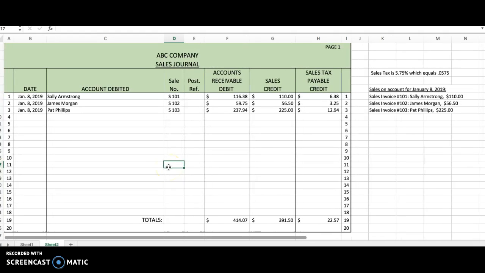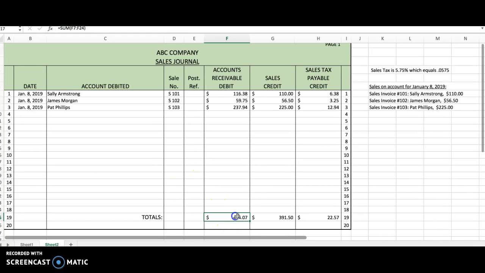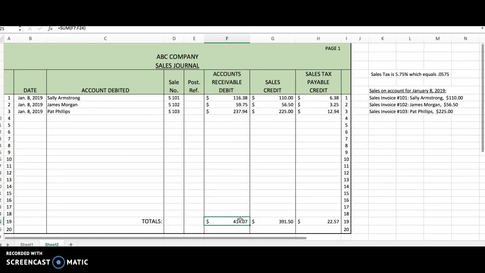But the advantage is a couple things. One is, you see totals down here. Instead of going to the accounts receivable account and debiting each time, in this case, $116.38, $59.75, $237.94, instead of doing it separately to that account in the general ledger, we simply take the total at the bottom and debit that total to accounts receivable.